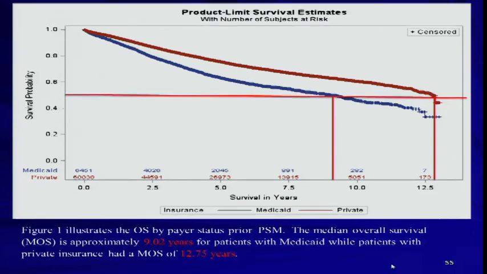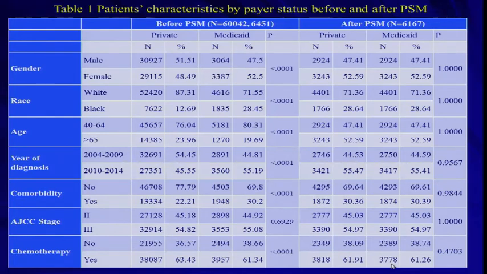But maybe due to other factors, before matching, I have about 60,000 colon cancer patients with private insurance, and Medicaid has 6,000. You can see the balance between these variables, except this one, they are imbalanced.